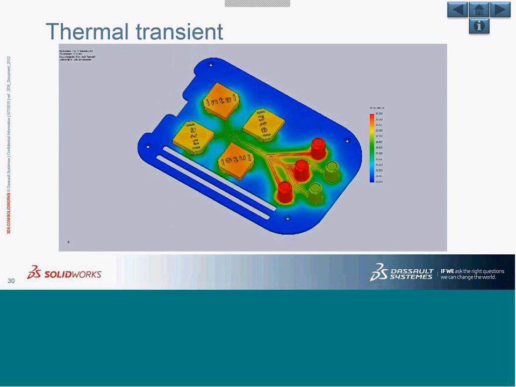Either I want to change a certain heat source, or stop a certain heat source, or any such manipulations can be done. Or it could be just an understanding of the time required to reach a certain kind of state. So the temperatures are varying over a period of time, and to study how they vary, we have the thermal transient analysis.